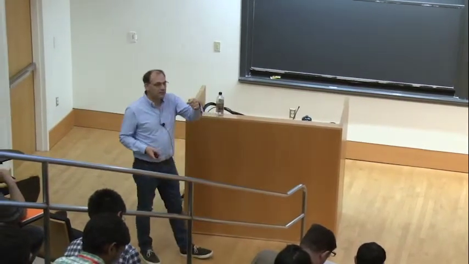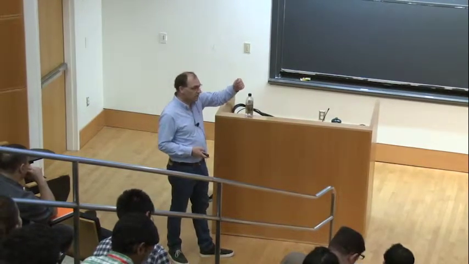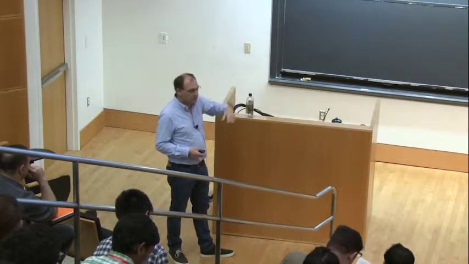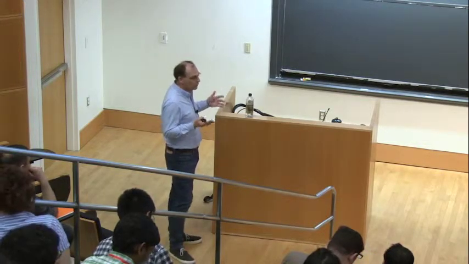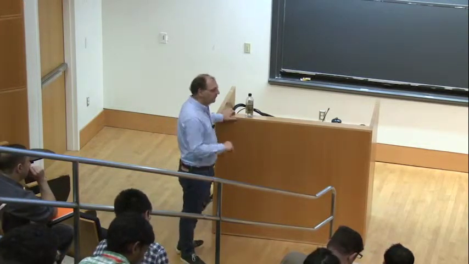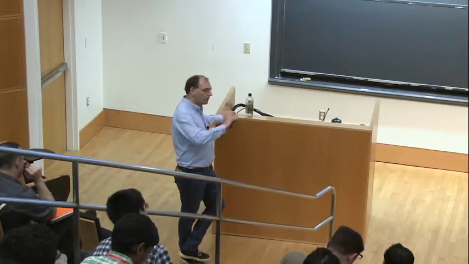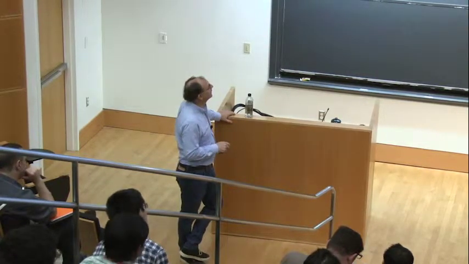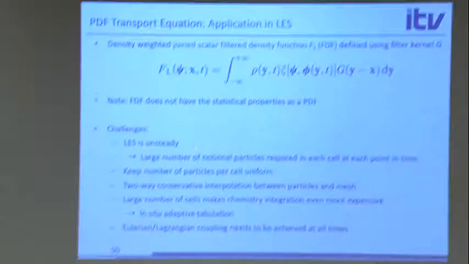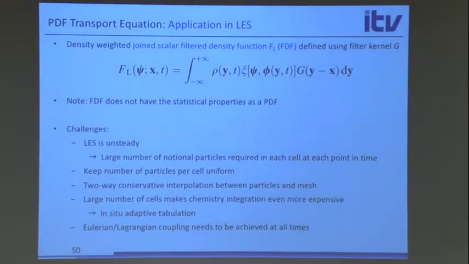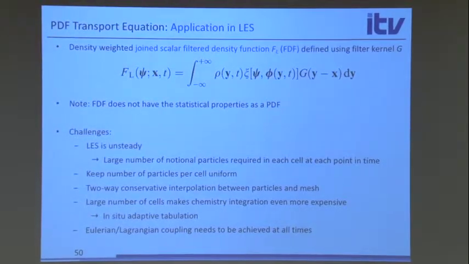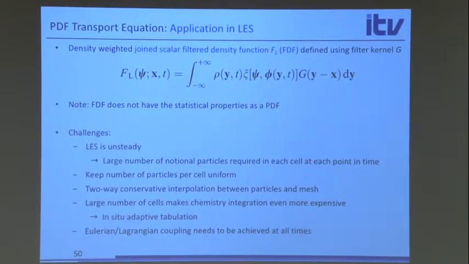And for each one of these, I need to solve a homogeneous reactor for the chemistry. And so the computation times are very, very high. But people figured out ways to maybe not use that many particles, fewer than these 500, and also ways to make the integration of these homogeneous reactor equations cheaper, and so on. So there has been a lot of work in this area.